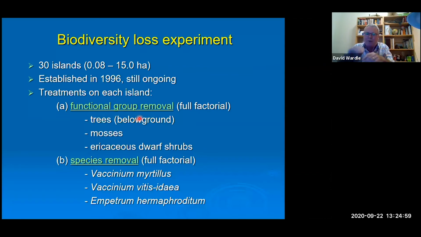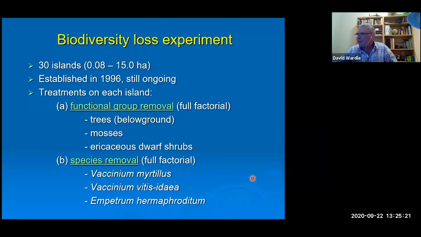Trees, which we manipulate below ground by root trenching, we cut their roots off. Mosses, which we remove from designated plots, and dwarf shrubs, which we remove. So we have the full combinations of these. And this is species removal. We have 3 species, and we have removals of all of these 3 species in all the possible combinations.